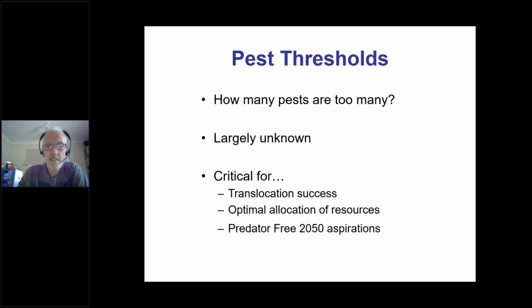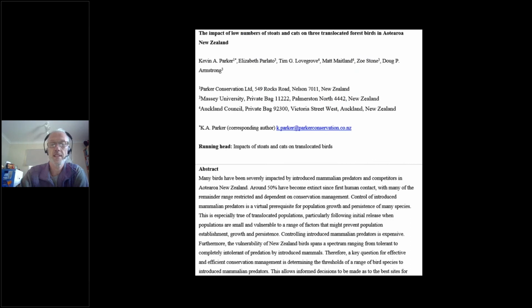The surprising thing for many people is that while we've done quite a bit of research on this, it's largely unknown for most native species and most pests. It is critical for translocation success, and also for optimal allocation of resources. For example, how much do you invest in pest control at various sites, and that flows on to the whole predator-free program.